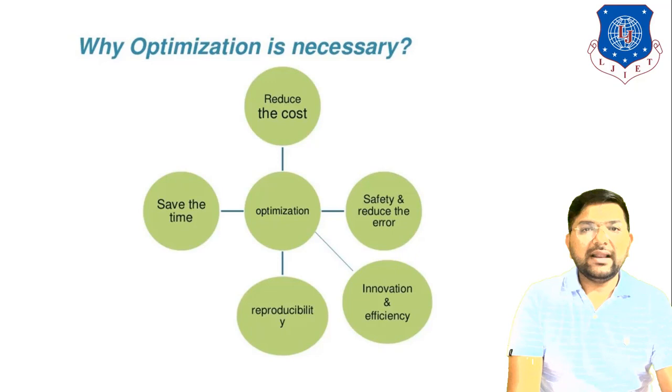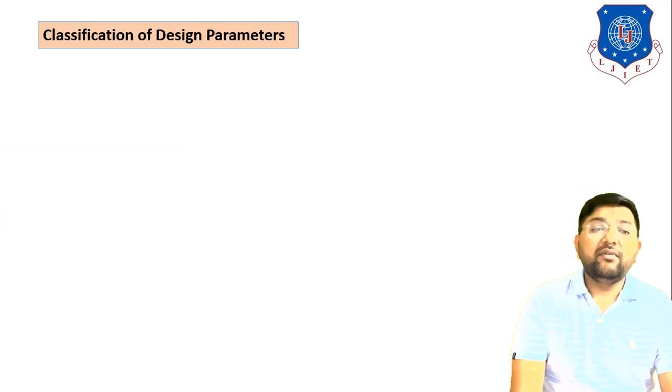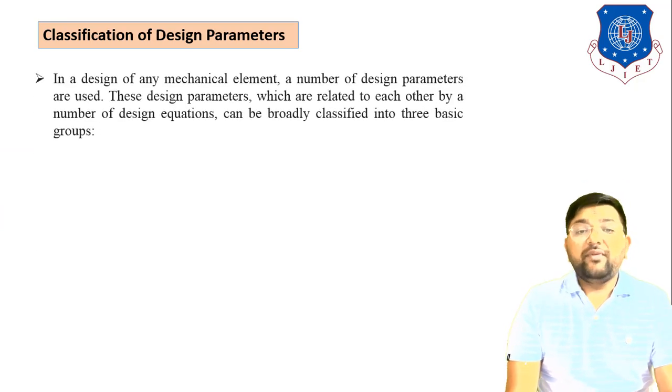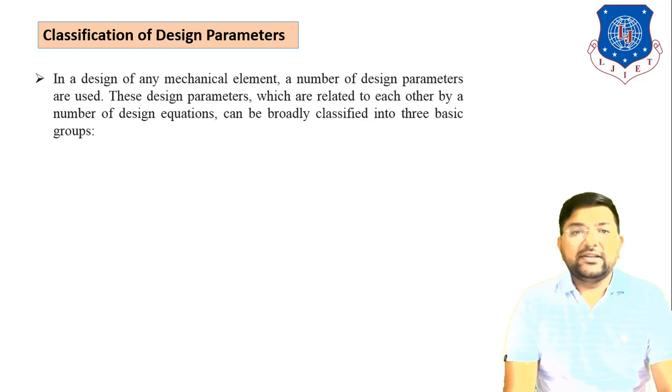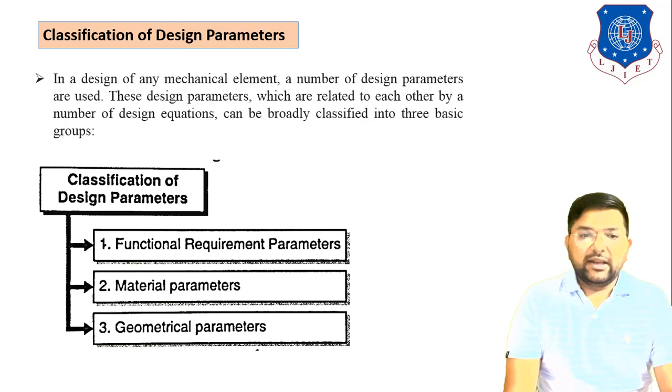Next, classification of design parameters, which is the most important part of optimization. In the design of any mechanical element, a number of design parameters are used. These design parameters, which are related to each other by a number of design equations, can be broadly classified into 3 groups: functional requirement parameters, material parameters, and geometric parameters.